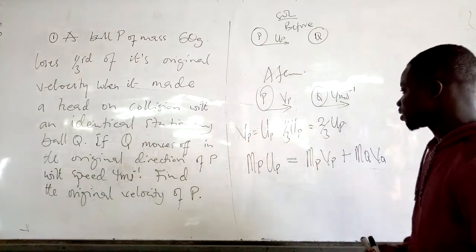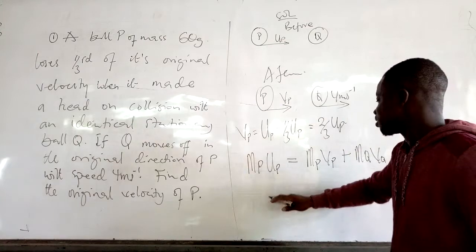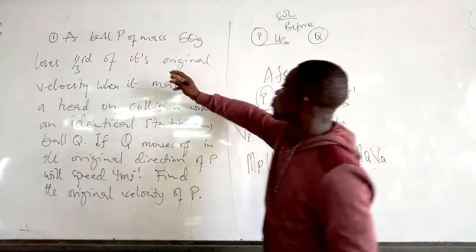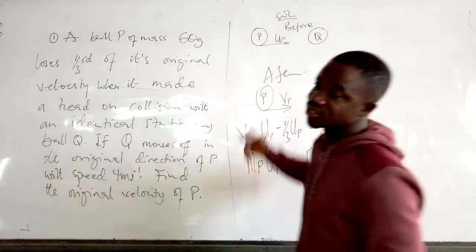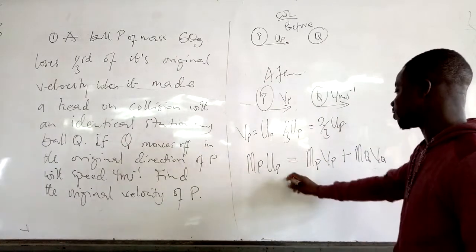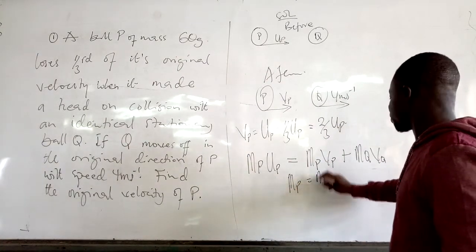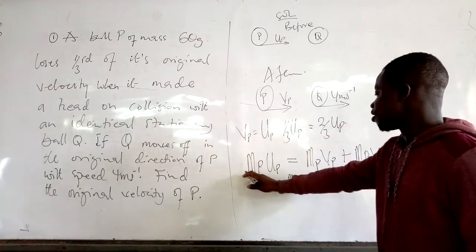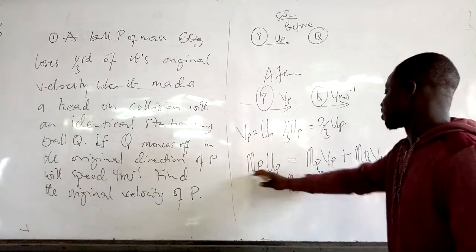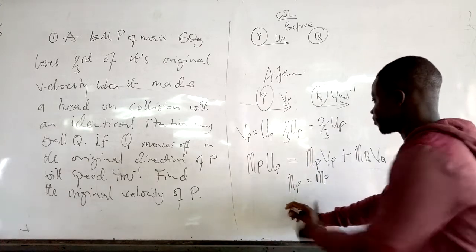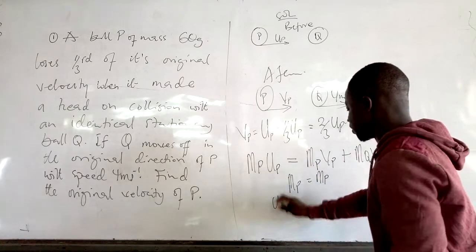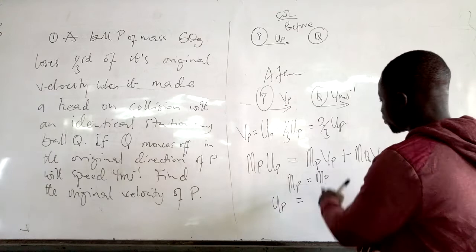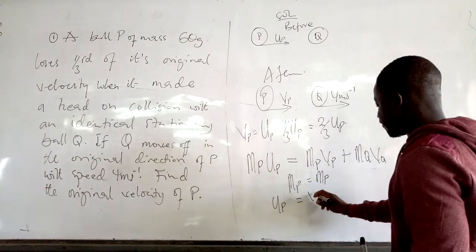Good. So we put in the values. But remember, the balls were identical, so even the mass is not important. Because the balls are identical, MP is equal to MQ. For that matter, all the masses will cancel out, and finally we get UP is equal to VP plus VQ.